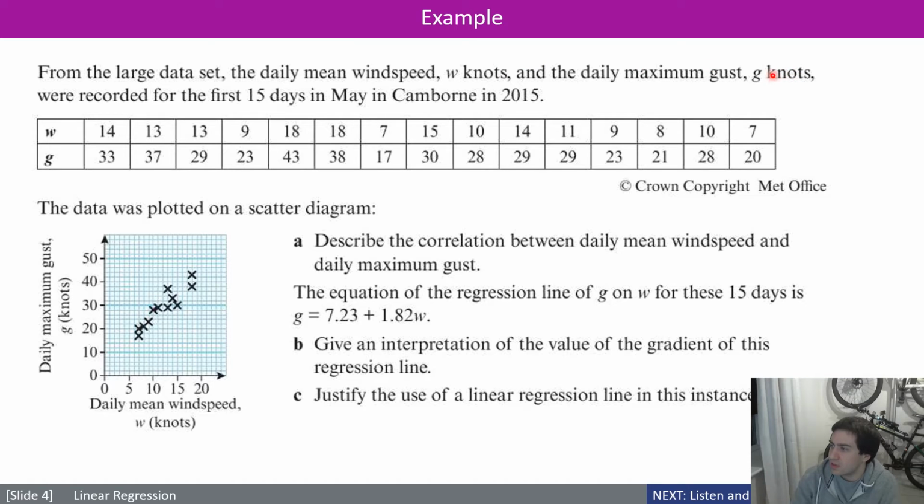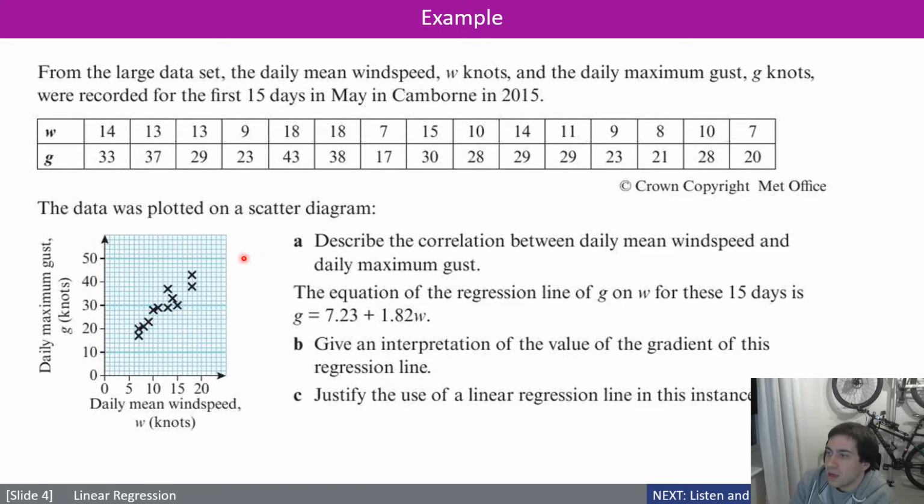Knots is a kind of speed of air, I think. I haven't done physics for a while, but it's a kind of speed. So we've got the wind speed versus the maximum gust, recorded for the first 15 days. So we have 15 data points in 2015.